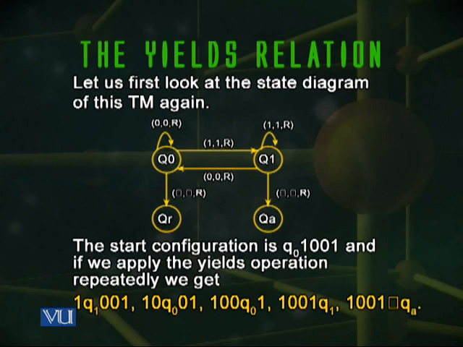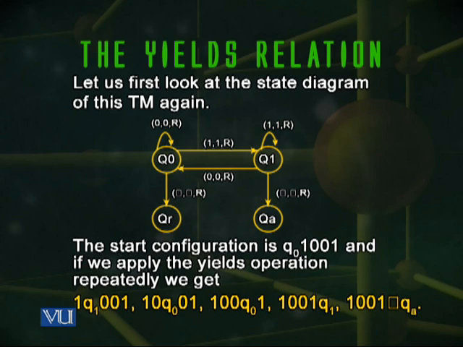After that, the machine again goes into state Q1 and moves right, and so the second last configuration shown here is 1001 Q1. After that, the machine is in state Q1, and now we have to consult delta of Q1, blank. In this case, we realize that delta of Q1, blank is QA, so the machine will go into accept state.